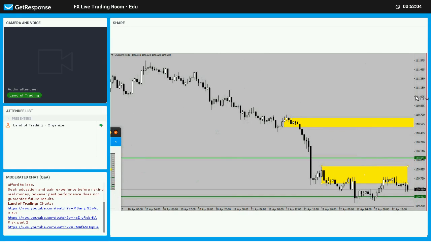Simply, I would wait for a kind of combination here on a smaller time frame from the buyer's perspective to show me that the possible demand is coming in, to show me something on the chart I can take as a buyer. So that's how I see things on dollar yen.